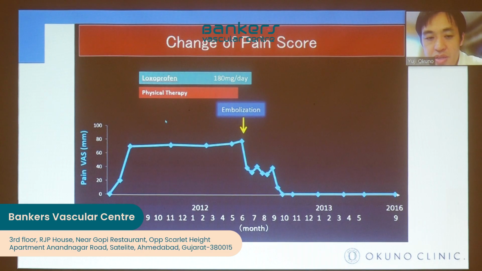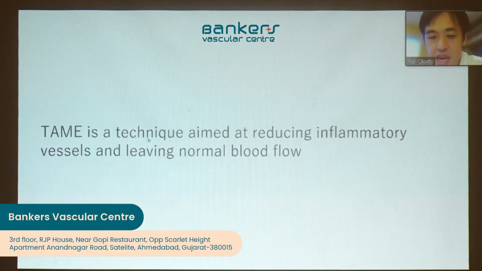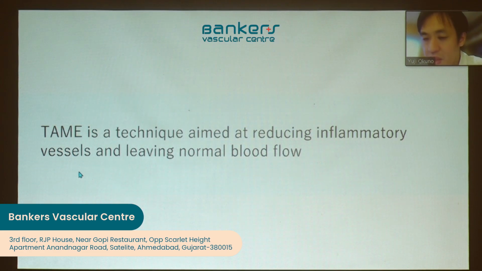Before this procedure, the patient had severe pain, and after this procedure the pain decreased within 3 months, and the pain of zero was maintained for a long time. So, TAME is a technique aimed at reducing inflammatory vessels and restoring normal blood flow. That is the concept of this procedure.